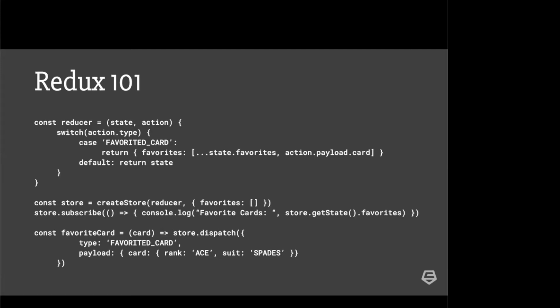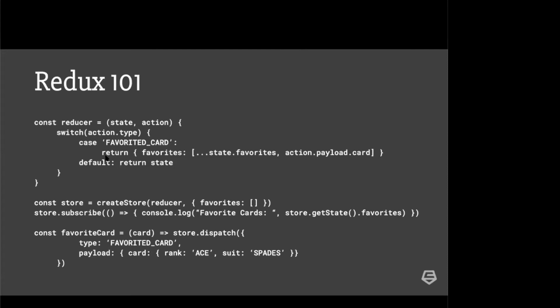Okay, so Redux 101. Redux is really just this reduce function that we talked about earlier, right? You have your state here. The reducer is evaluating the action that comes in and potentially mutating state. And this is a pure function in that it's not going to alter its state.